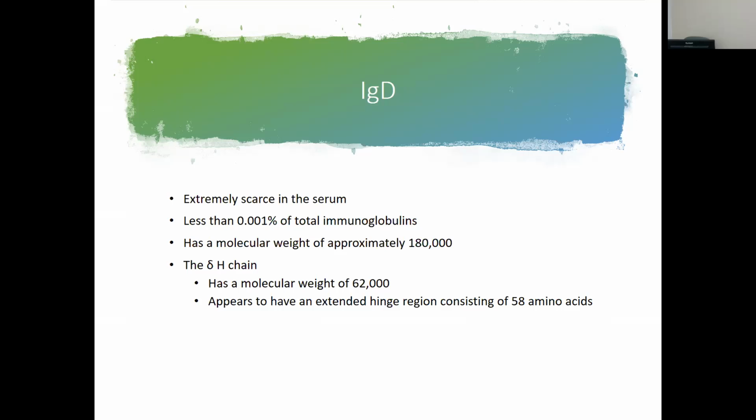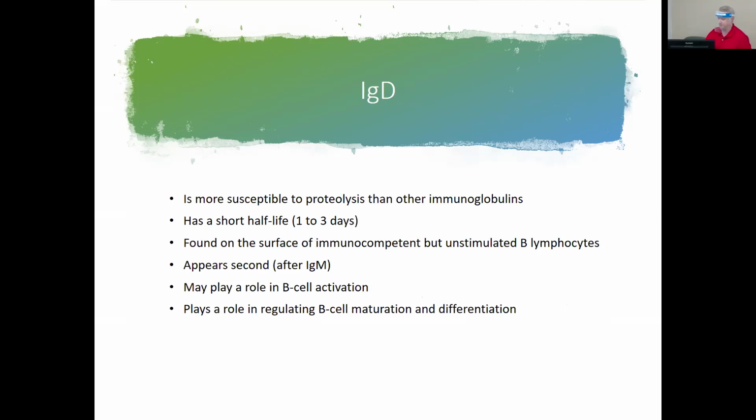So what's the main reason we have IgD? There it is. It's on this list. B cell maturation. Yes, B cell maturation. You've already had a test over that. It appears on the surface where the IgM is there and the IgD is there.